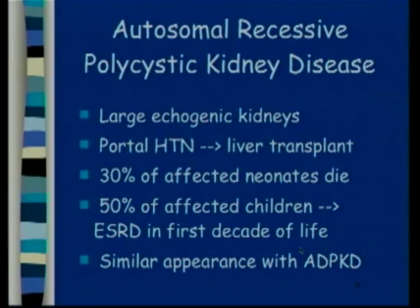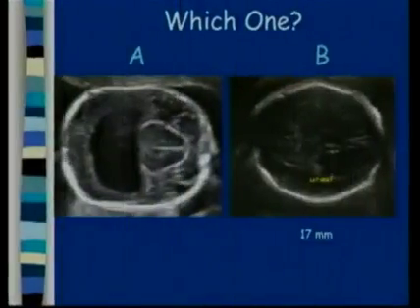And the appearance for autosomal dominant PKD is similar. So you always want to look at the mother's kidneys or dad's kidneys if you have him there as well to see if they have polycystic kidney disease.